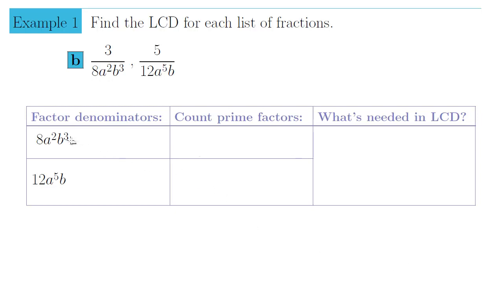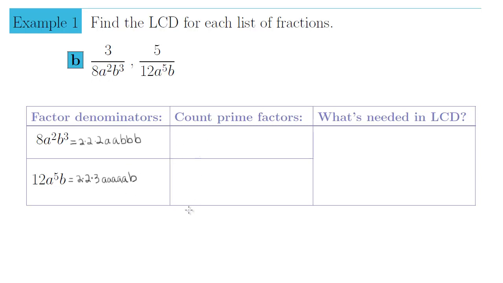The prime factorization of 8a squared b cubed would be 2 times 2 times 2, which gives us 8, and then a times a, which gives us a squared, and then b times b times b, which gives us b cubed. The prime factorization of 12a to the 5th b would be 2 times 2 times 3. That gives us 12. And then 5 a's multiplied together, that gives us a to the 5th, and then 1 b.